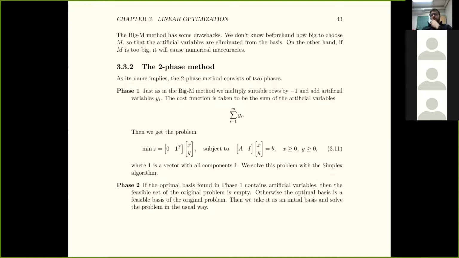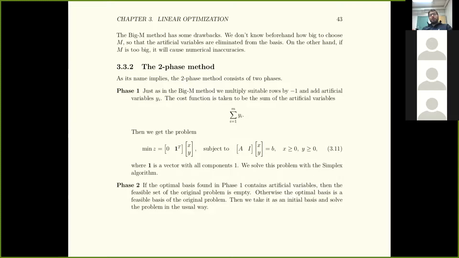So phase one: solve this problem where we set to zero the cost of the original variables, and the artificial variables have positive cost. If we find a point x, then that is a basic feasible solution to the original. If we solve 3.11 and it contains these y variables, there is no feasible solution to begin with for the original problem.